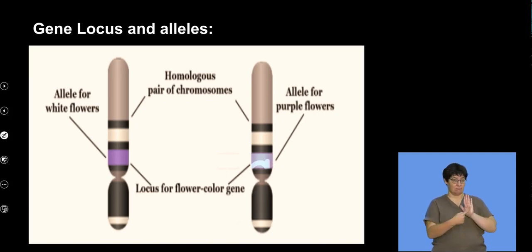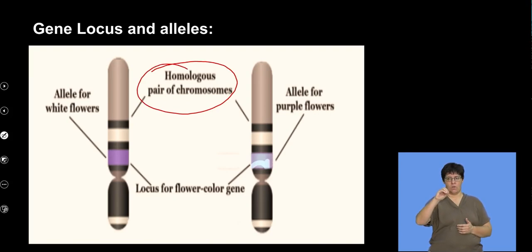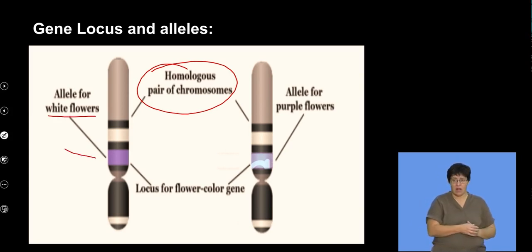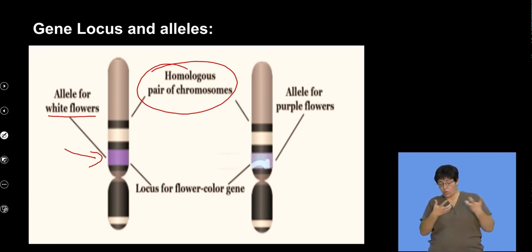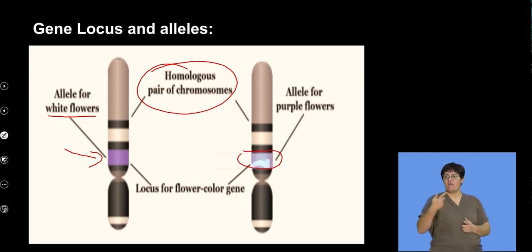Right, so in this illustration, I've illustrated a pair of homologous chromosomes. Again, the concept of homologous chromosomes comes from the fact that these chromosomes are similar in shape and size, and they are representing an allele for white flower. In this case, it's indicated by this purple region, and on a corresponding chromosome, the allele for purple flower. What is important is that we understand the concept of the location for this specific gene, and we use the term locus.